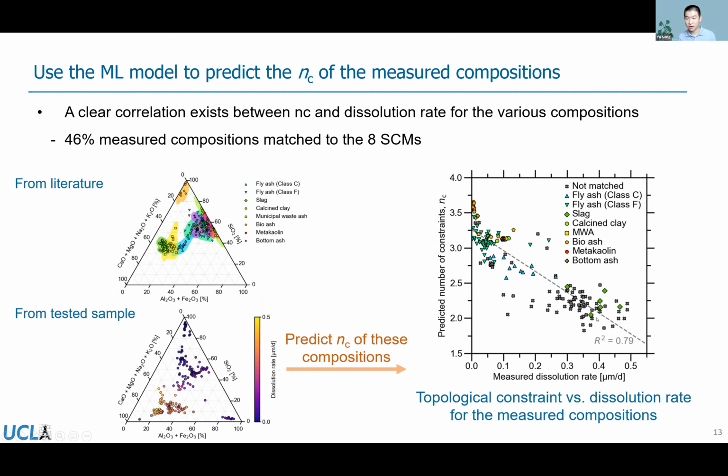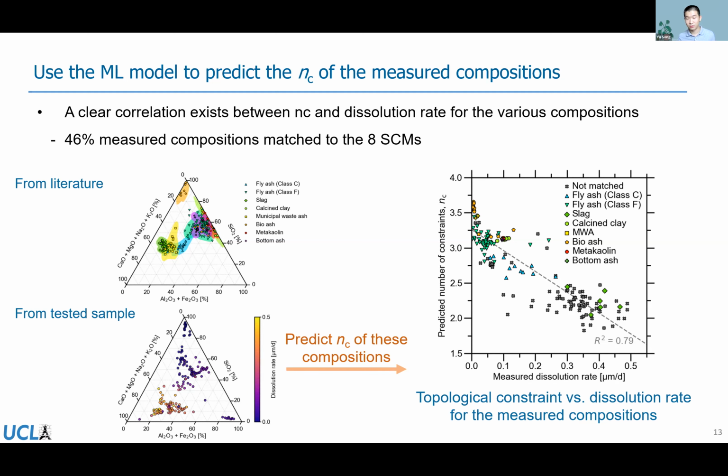And you can see that there are many existing SCMs that can be reliably interpreted or predicted by our machine learning model in terms of their dissolution rates. So this basically provides us a strong indication in terms of what we want to achieve, which is inferring the reactivity of different types of SCM based on the bulk composition, so that we can use this technique in real production.